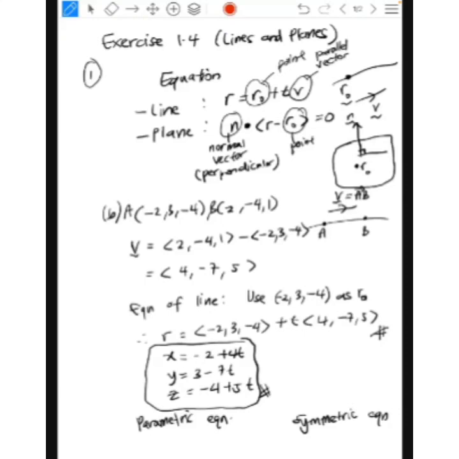Contoh yang pertama ni, t sama dengan x tambah 2/4 kan. Okay, yang kedua, t sama dengan y tolak 3/-7. Dan z, kalau tinggalkan t sebagai subjek, you will have z plus 4 over 5. Okay, so this is your symmetric equation. Okay, that's for question number 3.